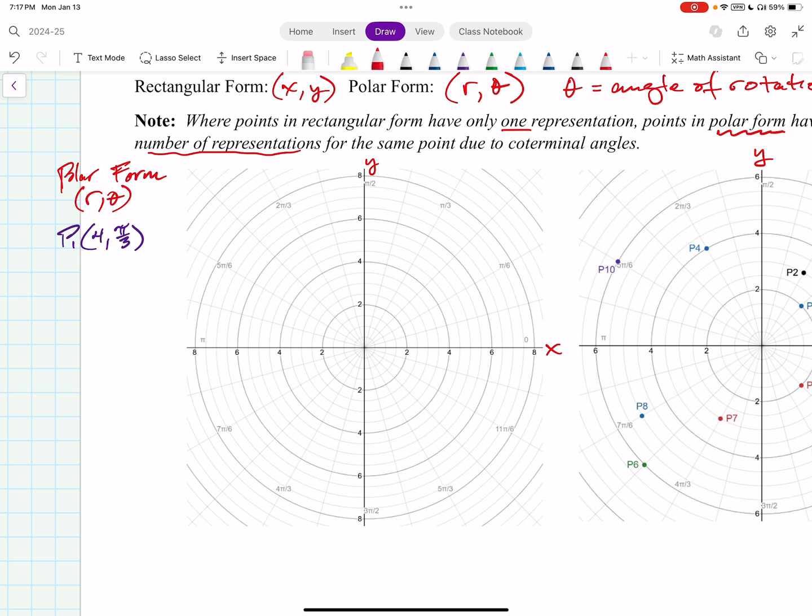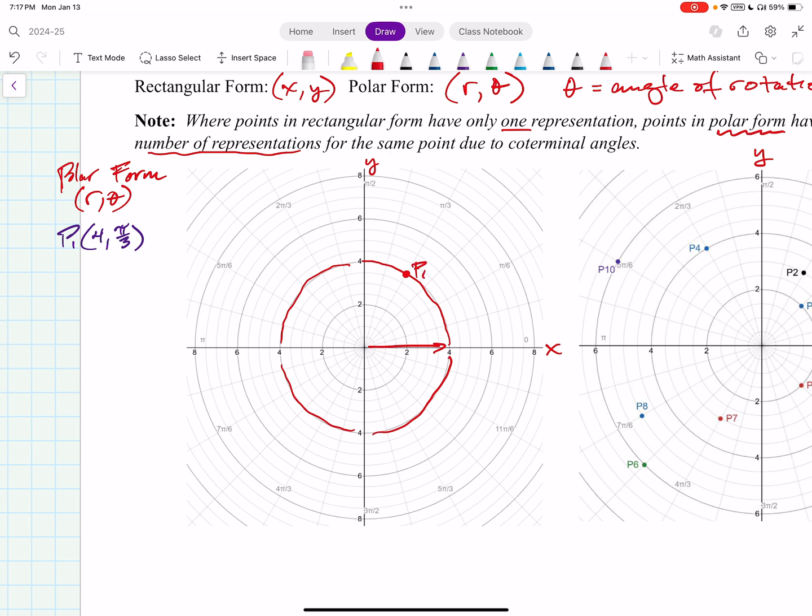I'm just going to highlight so you know what I'm talking about, but don't do this, just watch. This is the fourth concentric circle. It has a radius of 4. So I go out all the way to here, and then I rotate pi thirds radians, and I'm up here at P1.